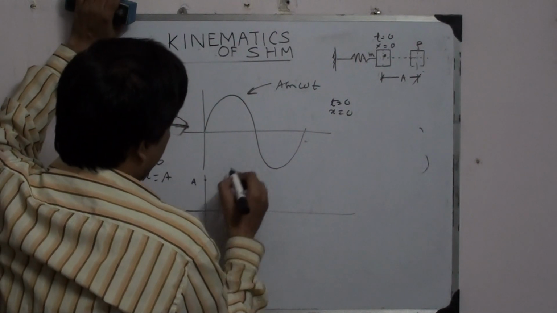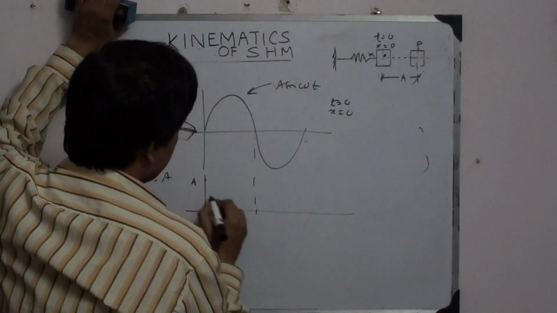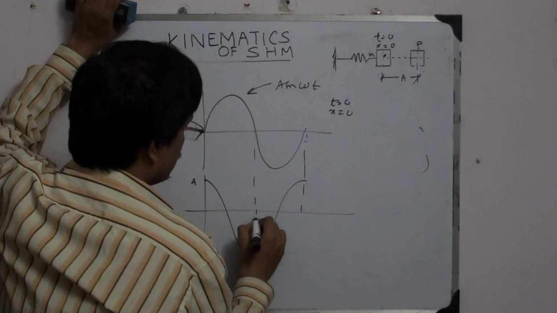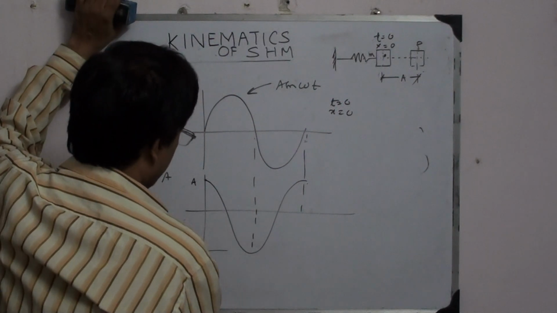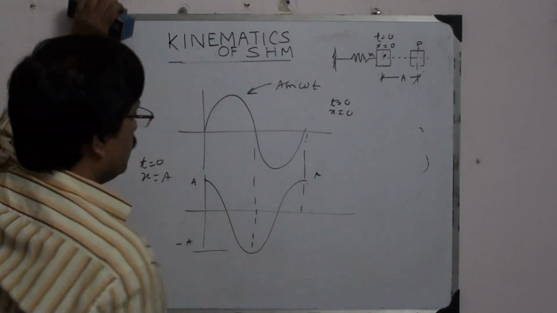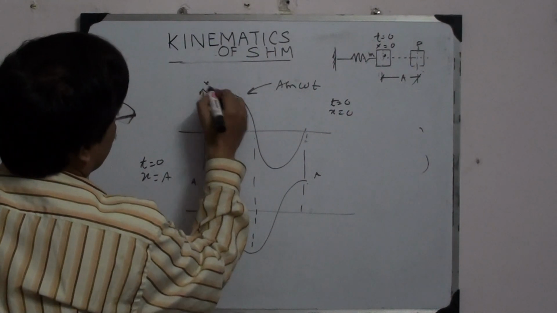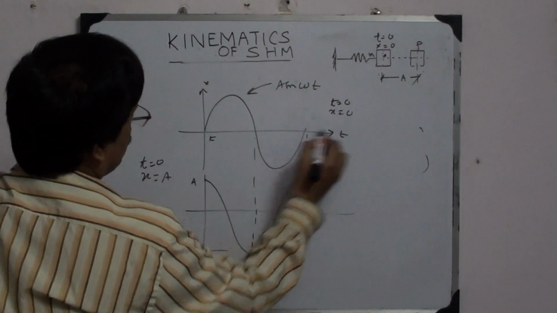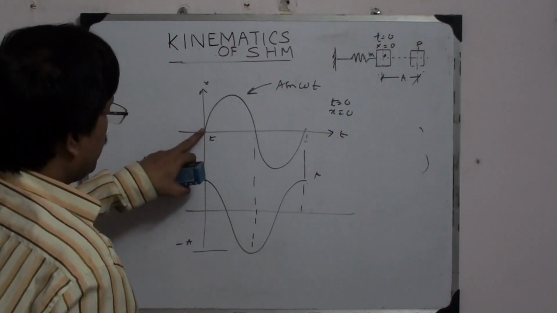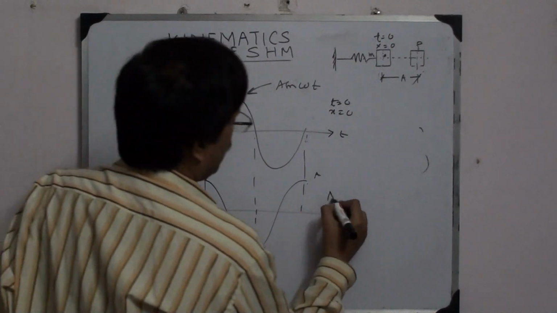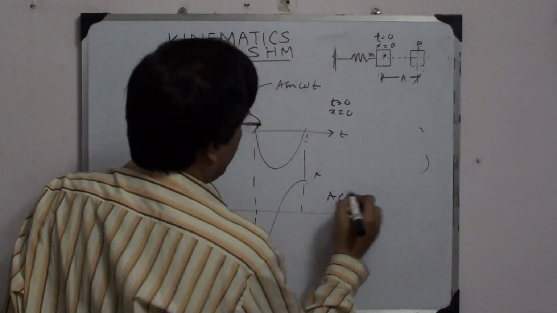So you get a graph like this. This is a, this is minus a, this is a. So at t is equal to 0, you see it was 0 for the sine, whereas it is a for the cosine. So this is the graph of a cos omega t.